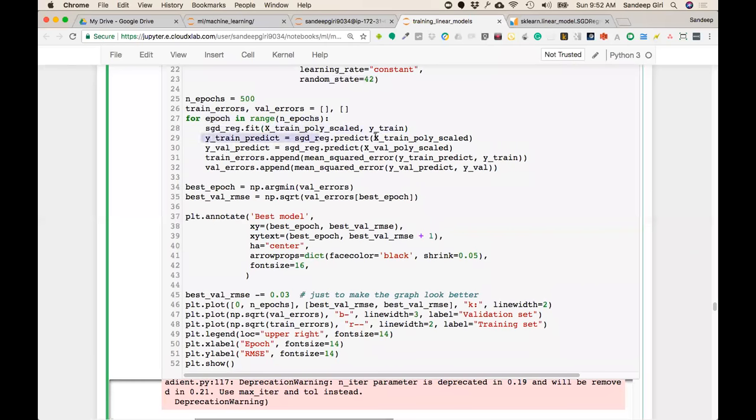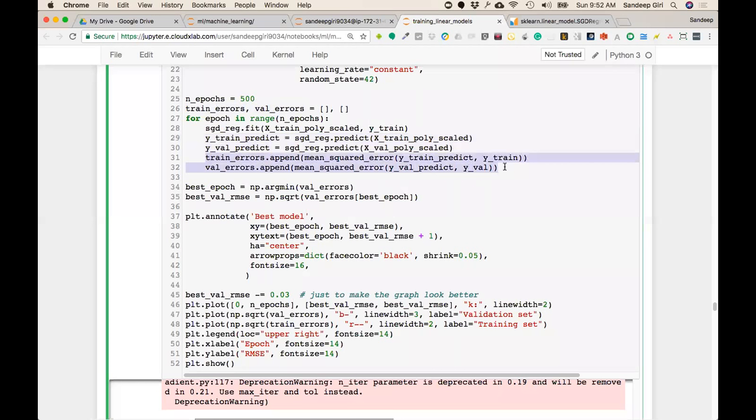Then we are predicting Y values, and appending the error to the arrays of training error and validation error.